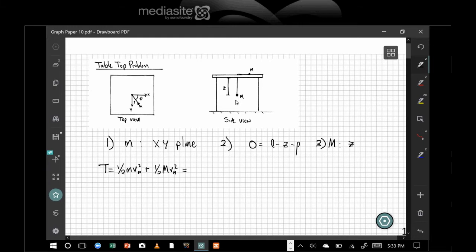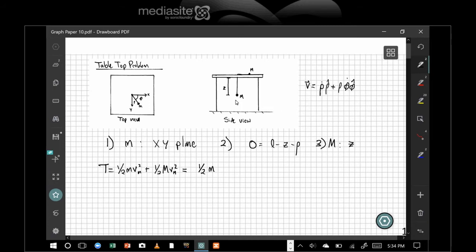But you notice that the little mass only moves in the xy plane, so we're going to choose a cylindrical coordinate system to do that. This is going to be little m times, remember that v in the xy plane looks like rho dot rho hat plus rho phi dot phi hat.